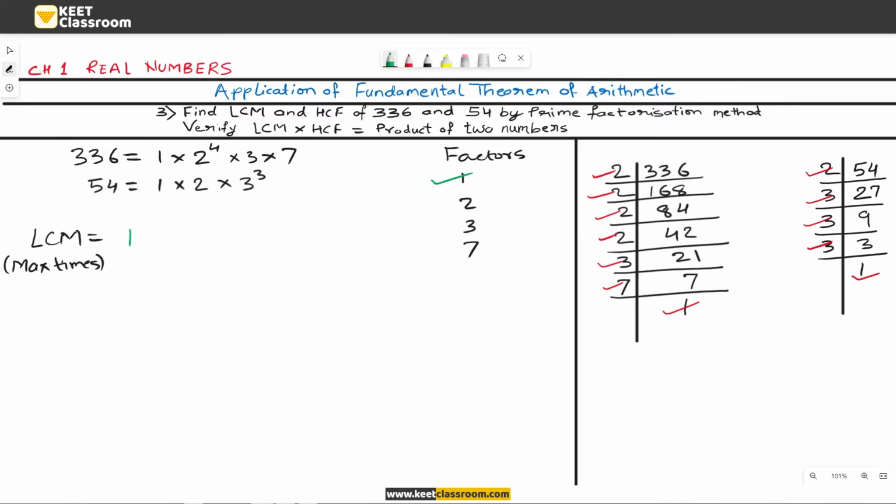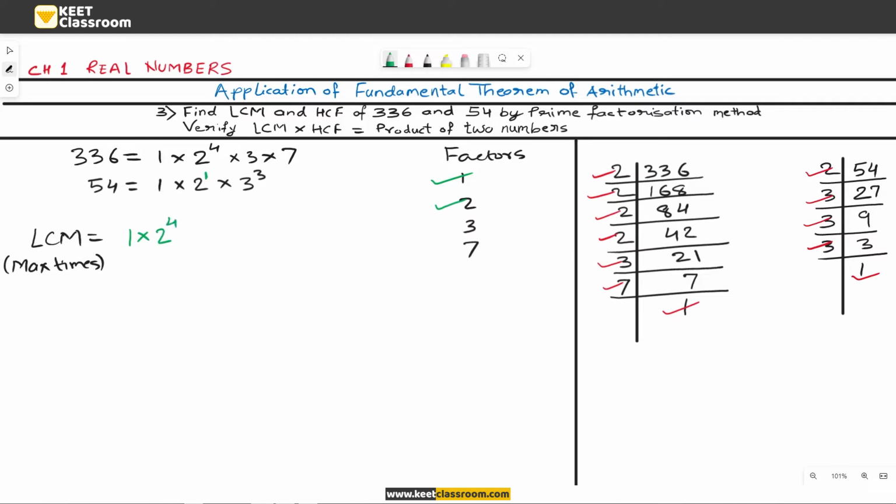Therefore, we write 1 in LCM. Now think of the second factor, 2. Now 2 is present 4 times in 336 and 1 time in 54. Therefore, the maximum presence is 2 raised to 4. So take 2 raised to 4 in the LCM part.